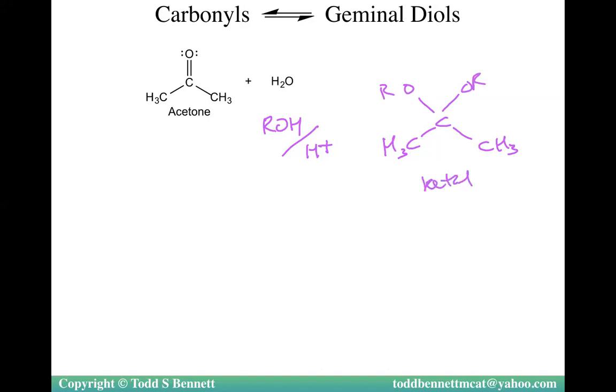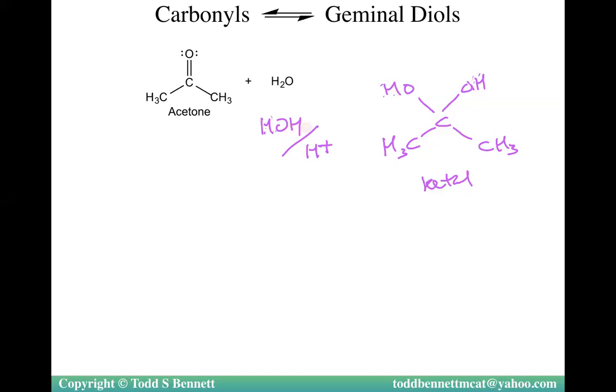Okay, but what if we use water? Instead of an alcohol, if we have water, will it put two OHs on? So if I get rid of that R there and treat it with an H, then will I get OH and OH? So that's known as a geminal diol, geminal meaning twins. So the two OHs are coming from the same mother, same carbon here.